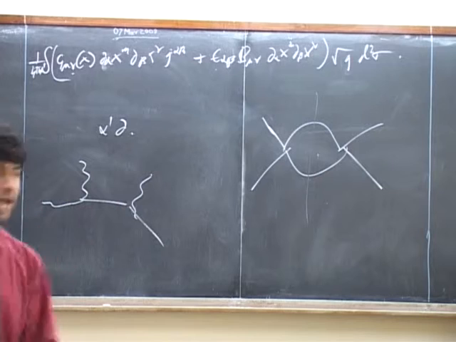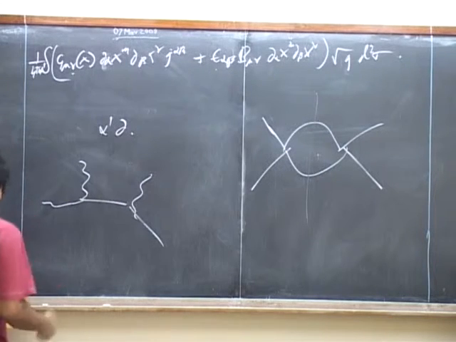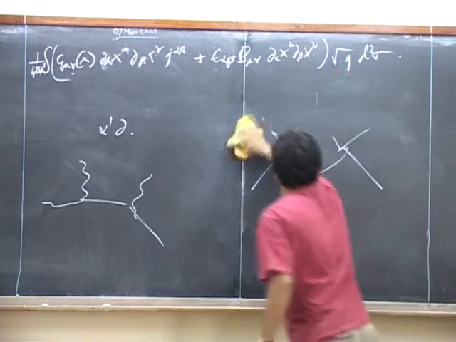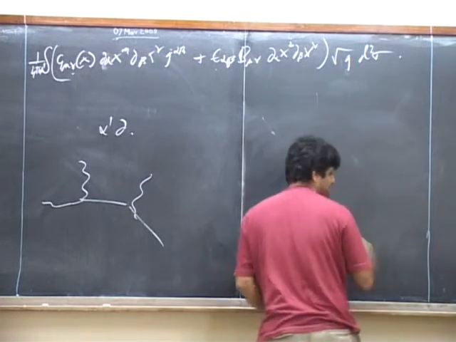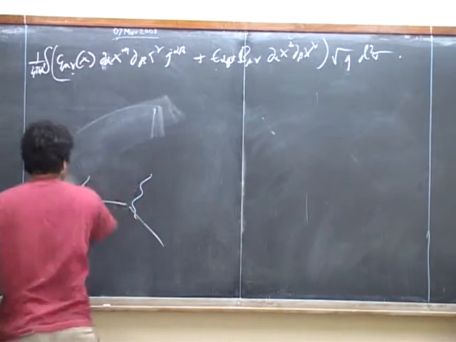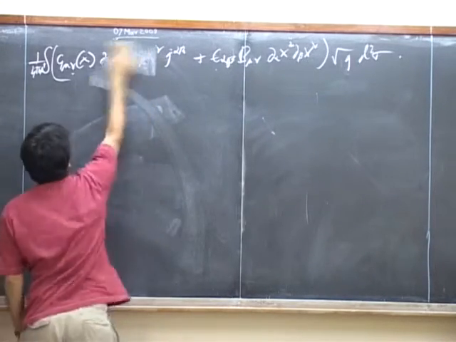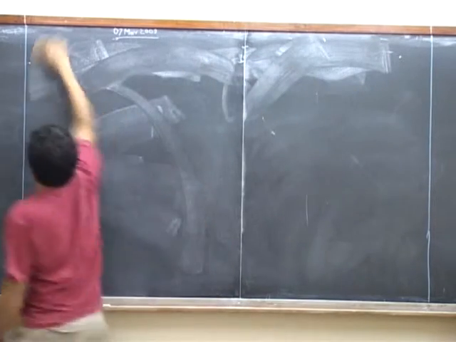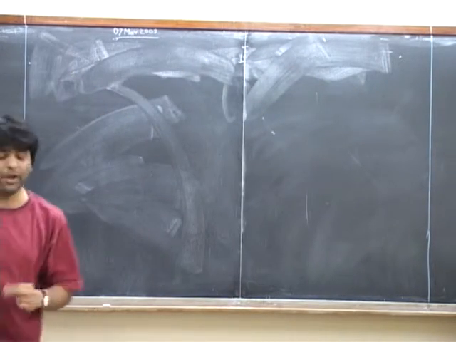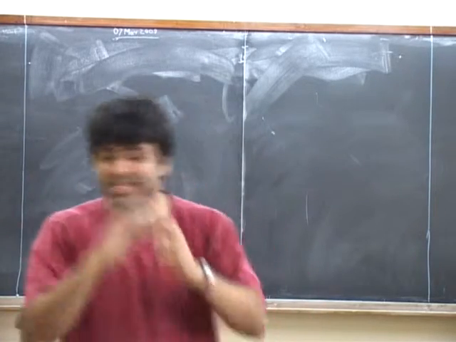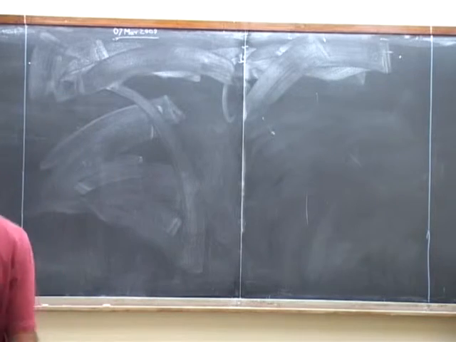Okay, so now let's turn to the more mundane job of actually, this is a very interesting job, of actually trying to understand the general properties of string amplitudes. We're going to first try to understand general properties of tree-level string amplitudes in a slightly abstract setting.